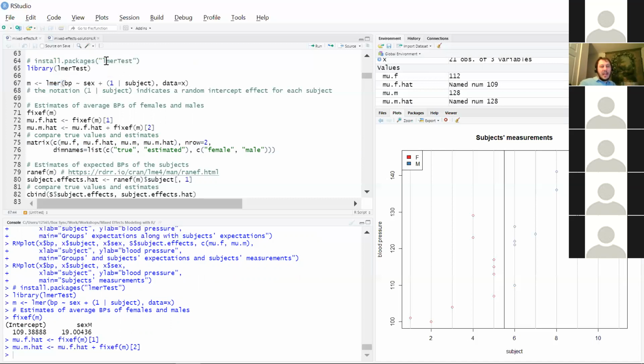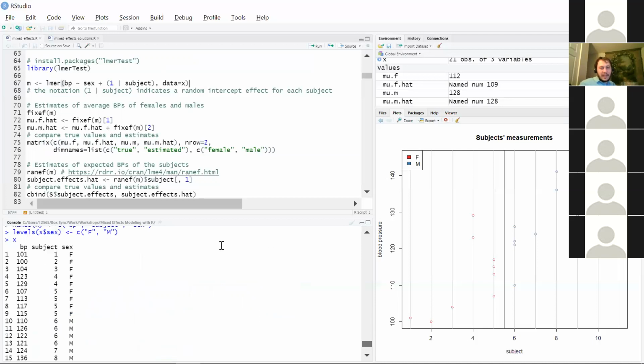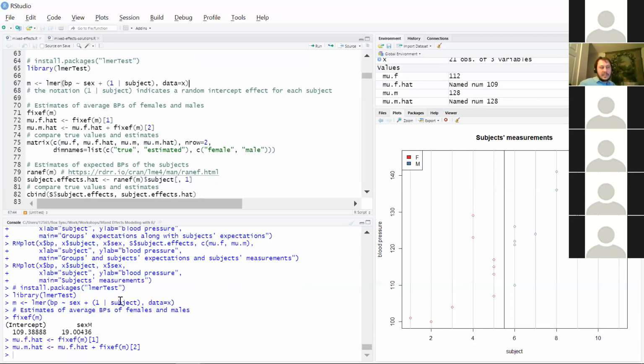Well, I will comment on the packages first then. lmerTest, the original package is called lme4. You'll notice that if you installed, or even if you did the library of lmerTest, I already had it read in, it brings in a package called lme4.